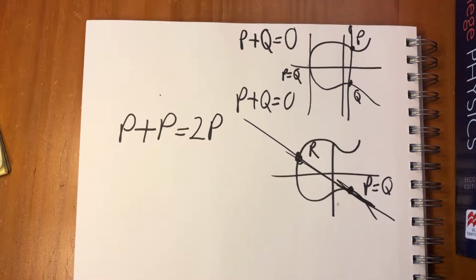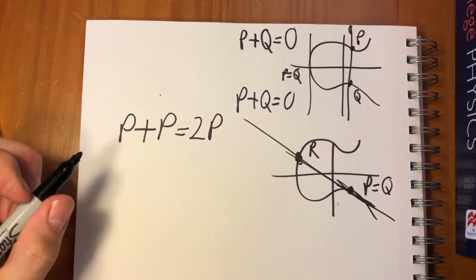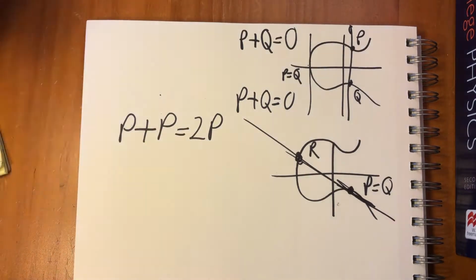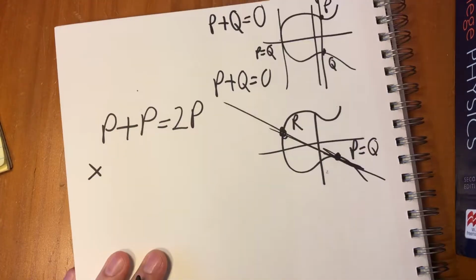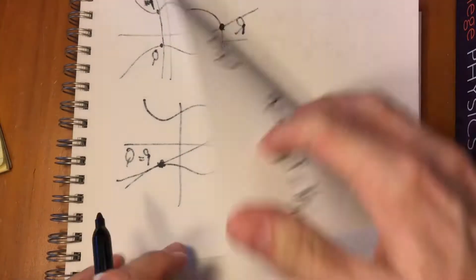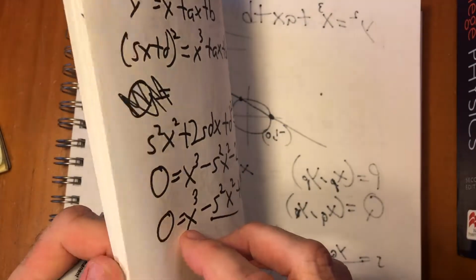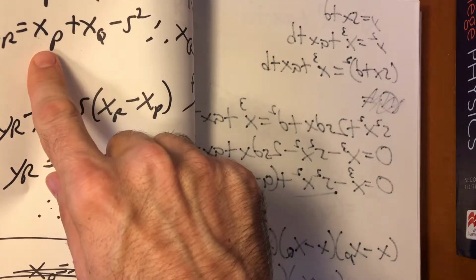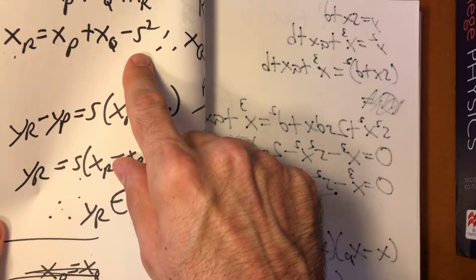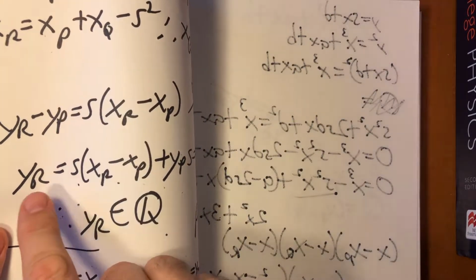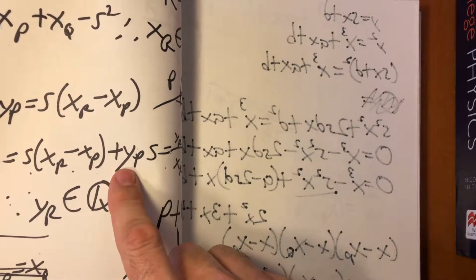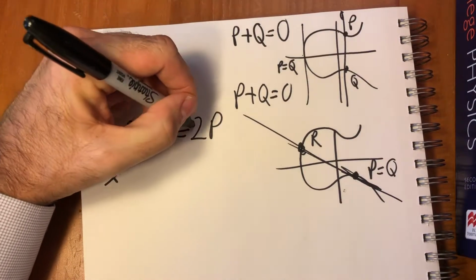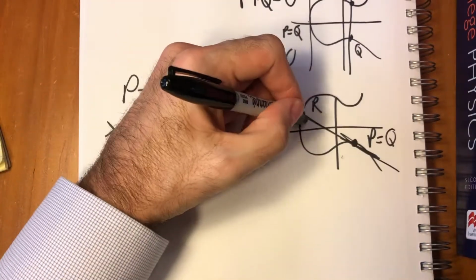So what we want to do then is, what we have from before is that we showed before that XR is XP plus XQ minus S squared, and YR then is just the slope plus YP. Okay, so we're basically just using those again. So P plus P is minus 2P because it's the opposite point, right? You go down.